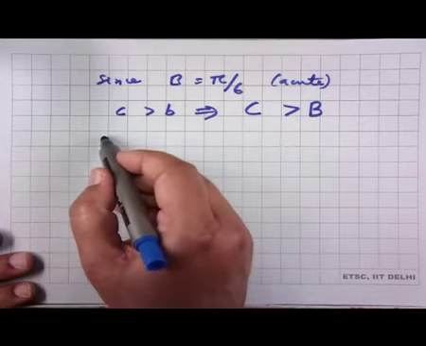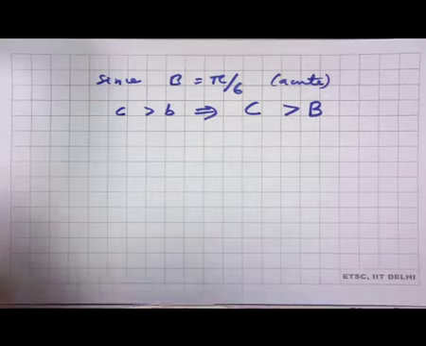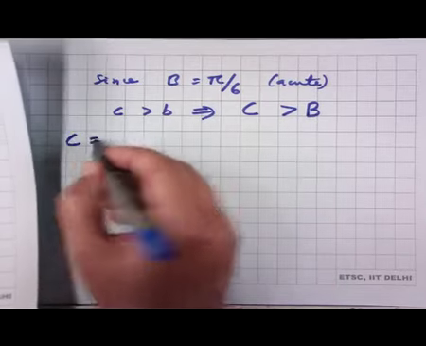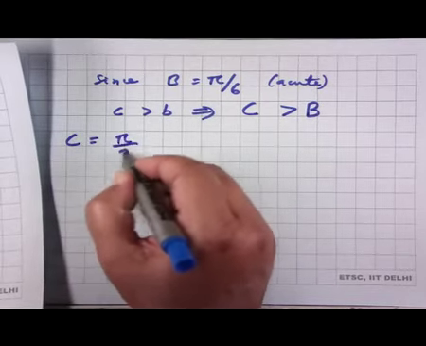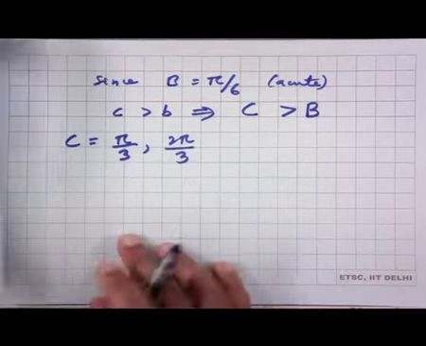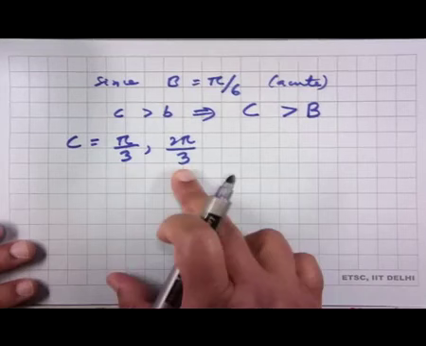Now, there are two values of C which we saw from the previous slide are possible. So, the two values of C are pi by 3 and 2 pi by 3, but the question is, can we take these two values?